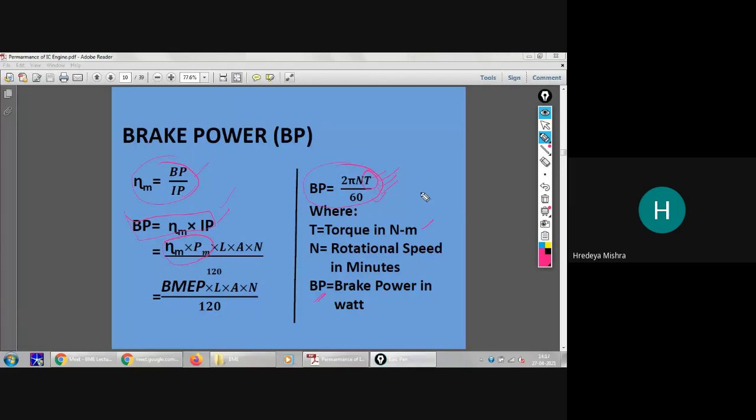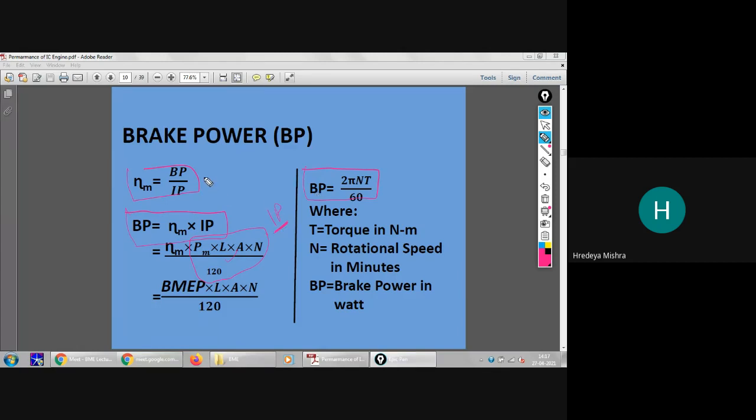So there are three main formulas here, because this formula is nothing but the IP, indicated power, which we discussed in the previous slide.